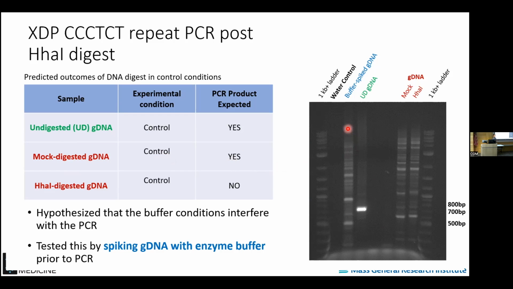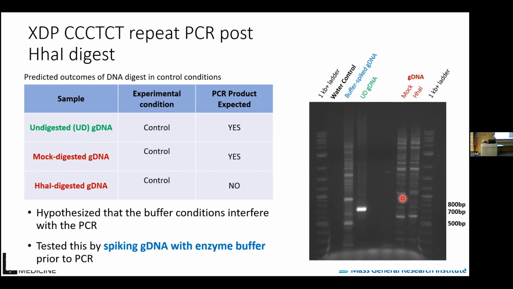The expected outcome of this was something similar to our undigested genomic DNA, as the only difference is the enzymatic buffer and that it was incubated. However, it looks similar to our last control, which is our HhaI-digested genomic DNA. And because this is male DNA, we wouldn't expect a PCR product, as the SVA region would be destroyed. You can see those 2 wells here, they look pretty similar.